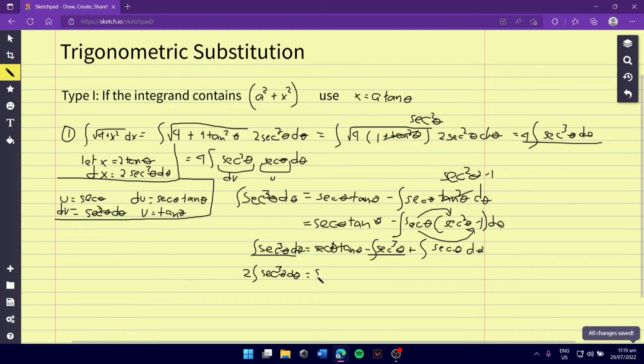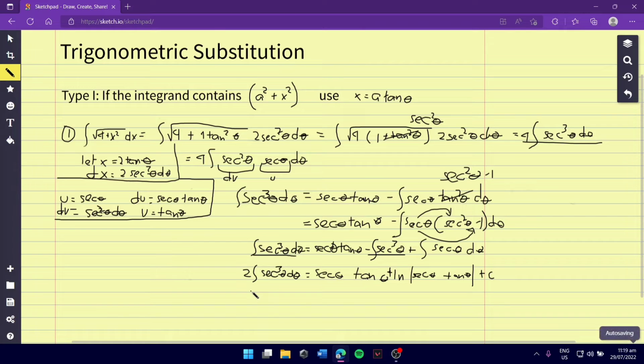So it will become secant theta times tangent of theta, and then the integral of secant theta is ln, so this will become plus ln of secant theta plus tangent of theta. That's it. And then our arbitrary constant.